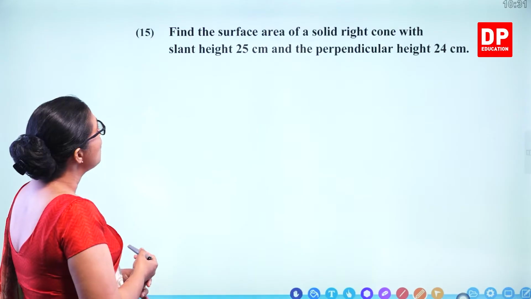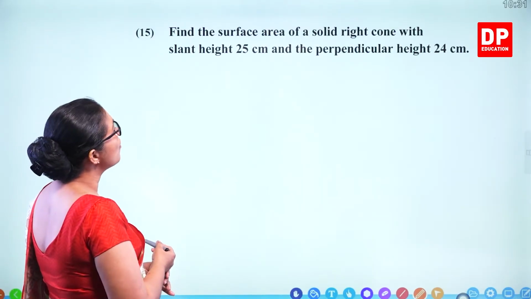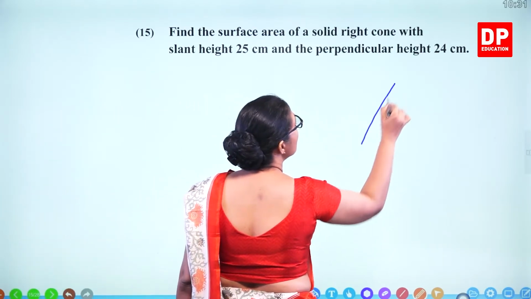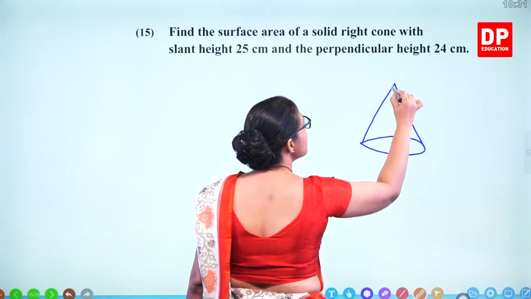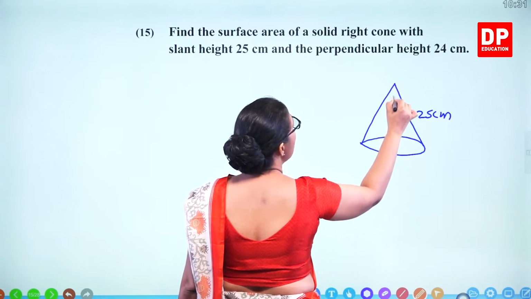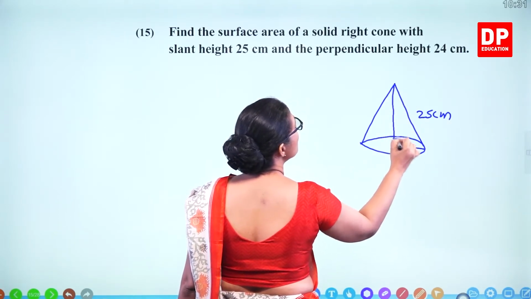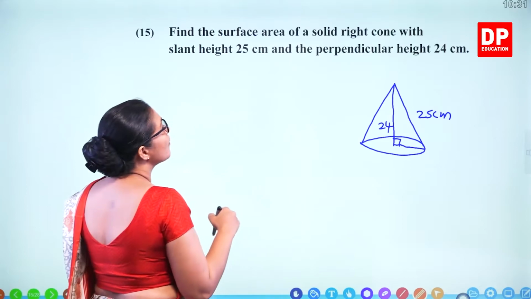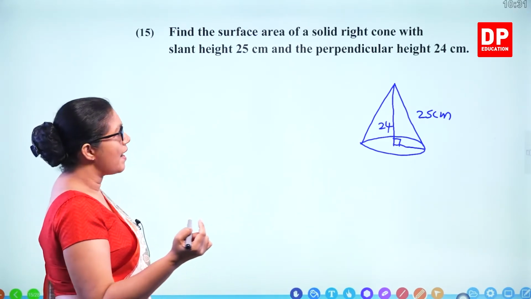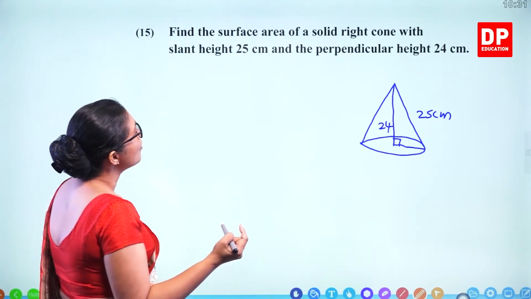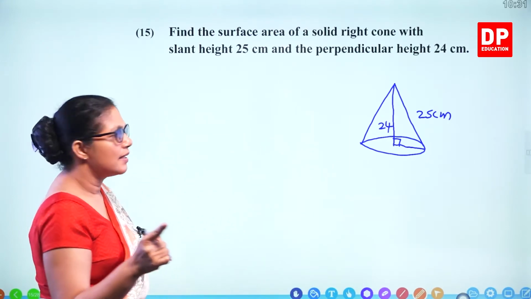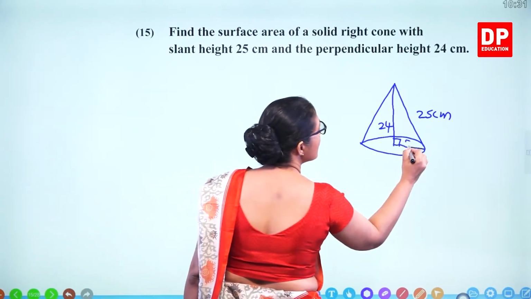Question number 15. Find the surface area of a solid right cone with slant height 25. So when you draw the cone, slant height is this. That's 25 centimeters. And the perpendicular height is 24. So find the surface area. To find out the surface area, you need r for pi r L. How do you find out r? This is r.